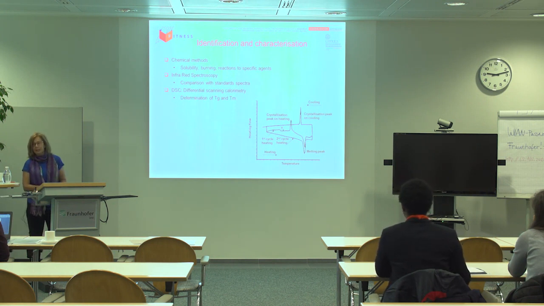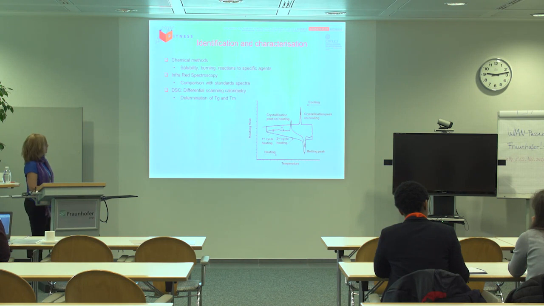These bring us information, especially for coatings, we can know what coating is there. And there are a few reactions to specific agents that can be used to verify the nature of our material. So this is sometimes used by industry because they are very, very rapid and very inexpensive.